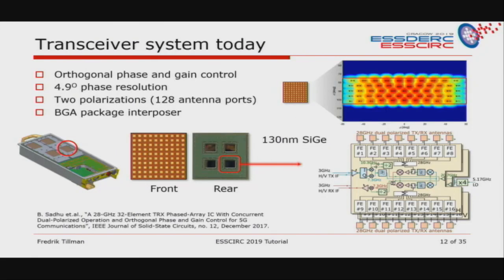The system we are currently developing at Ericsson for the beam steering system looks like this. It was published 2 years ago at ISSCC, and it's a phased array system designed in 130 nm silicon germanium, and it forms together, when they're put in the box, basically 4 subarray systems, 64 antennas in each, and they're dual polarized.